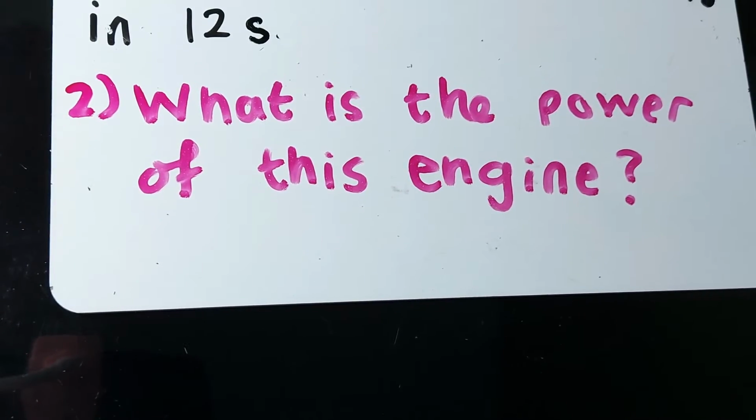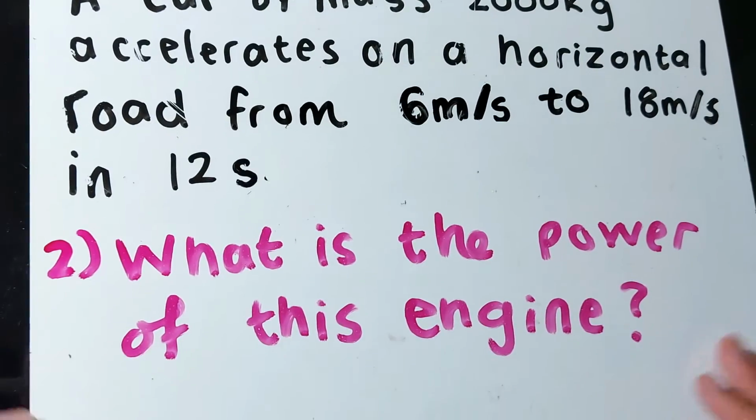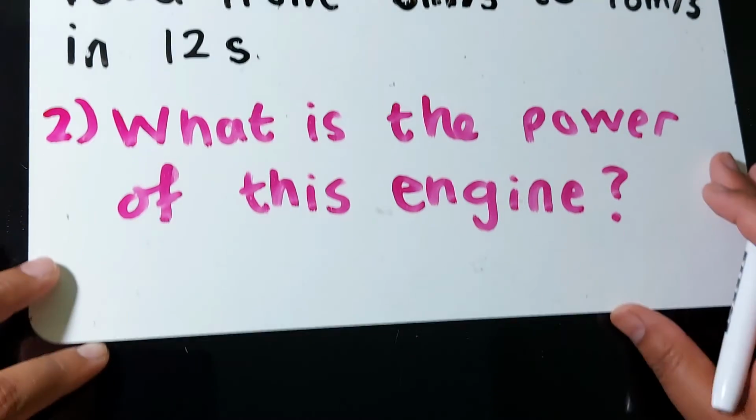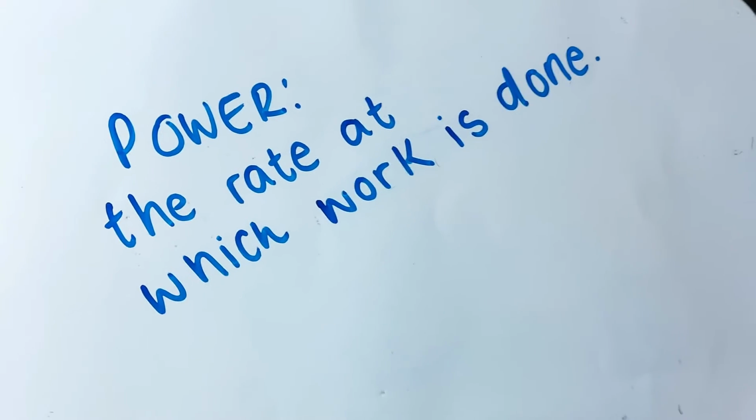The next thing we're going to be looking at is what is the power of this specific engine, and to do that we are going to look at the meaning of power. Right, so we know that power is the rate at which work is done.